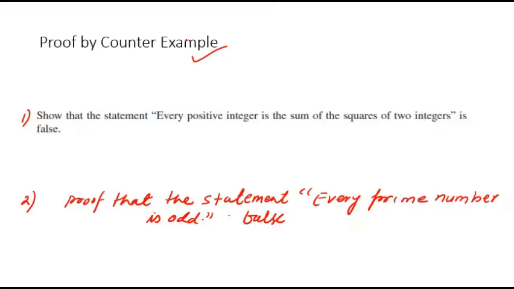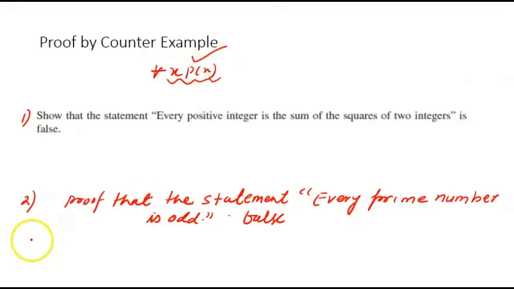And that instance may be taken as an instance of a counterexample. So what is the proof by counterexample technique? We know that a statement of the form for all x, P(x) is true if it is true for every value of x. But if somehow we are able to find one value of x for which this statement is not true, then this statement will become false.